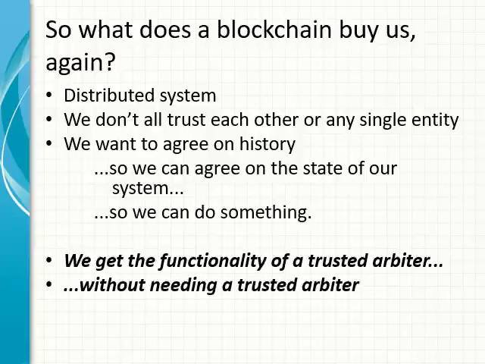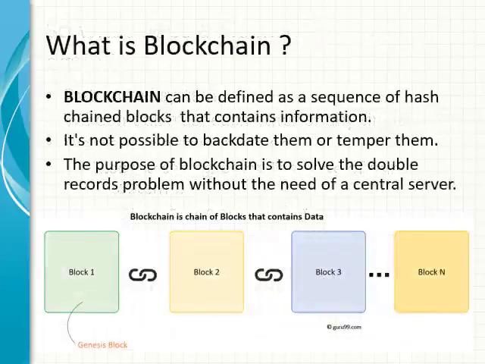So whenever a transaction is initiated, that transaction needs to be validated by all the nodes, and if some participant does not agree on the transaction, then that transaction may be discarded in the blockchain technology. So there is no need of a trusted arbiter, or we can say centralized controller, in a blockchain system.